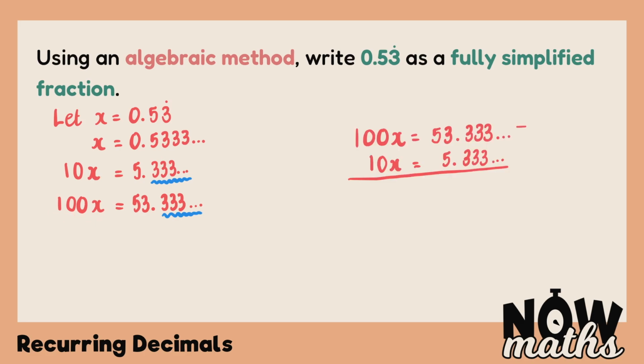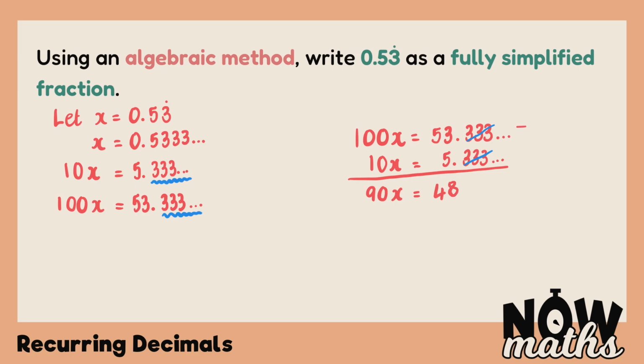So working out our subtraction, this time we have 100x subtract 10x. That leaves us with 90x. Then here's the part where we need to be really careful because we're going to subtract these decimals, and similar to the previous questions, the recurring part completely cancels out. However, this time we are left with 53 subtract 5, which is 48.